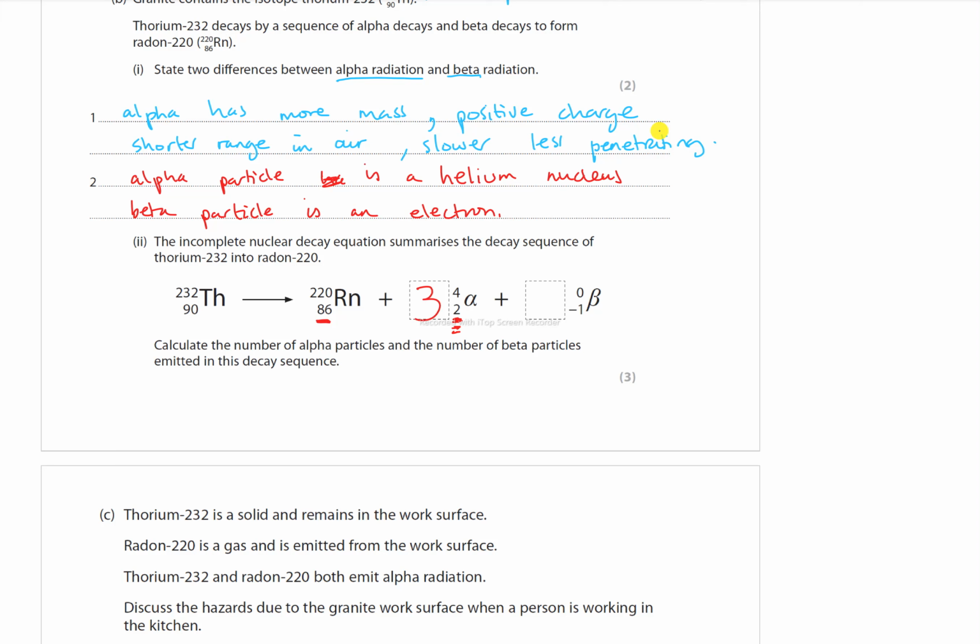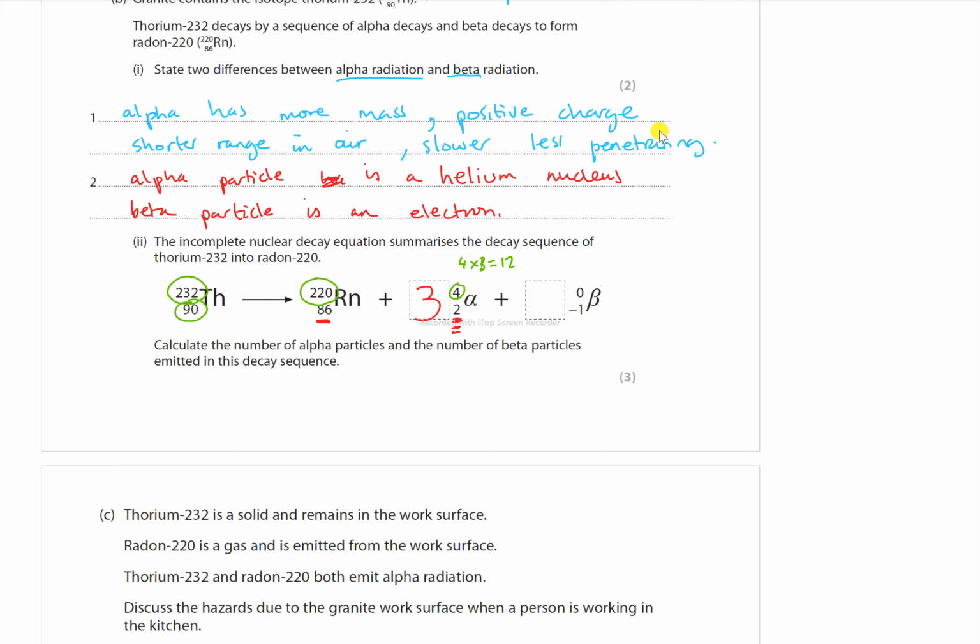Because look, each alpha particle has a mass of 4. 4 times 3 is 12. 12 plus 220 is 232.